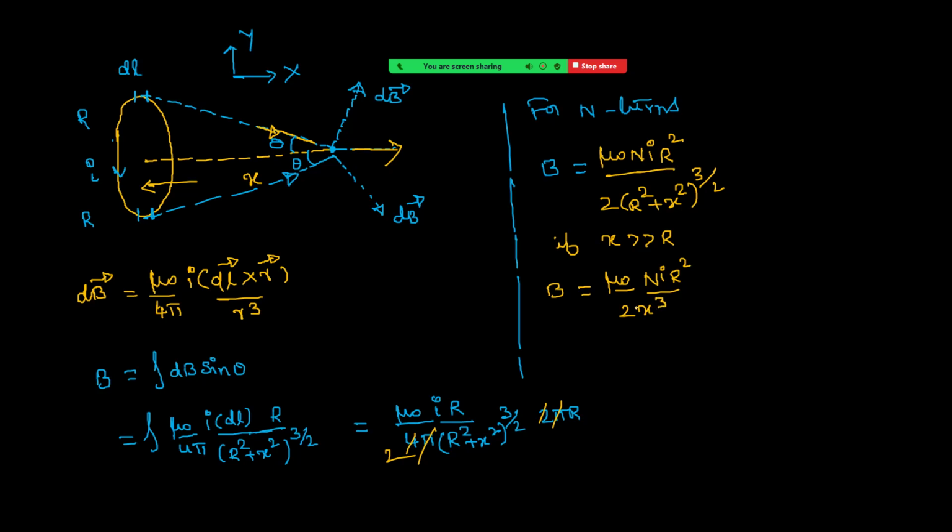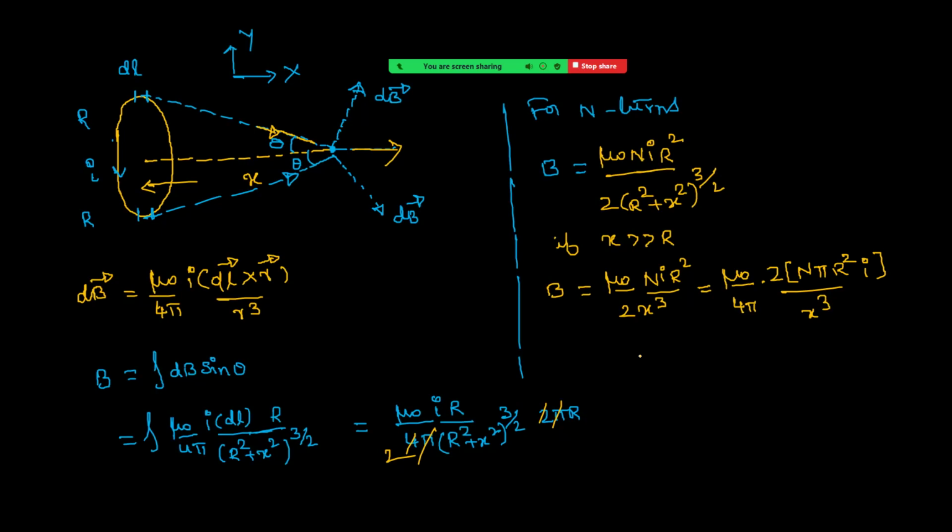That's enough. Now here what I'm doing is writing the same thing, multiplying and dividing with 2π. Then this becomes μ0 by 4π, 2 into n I into πr square, upon x cube.